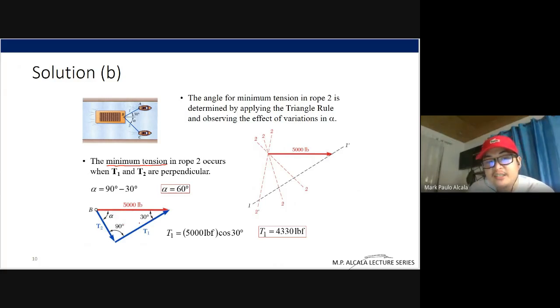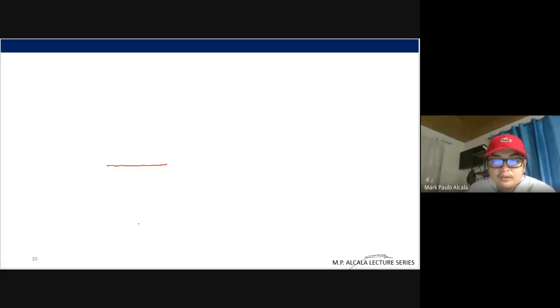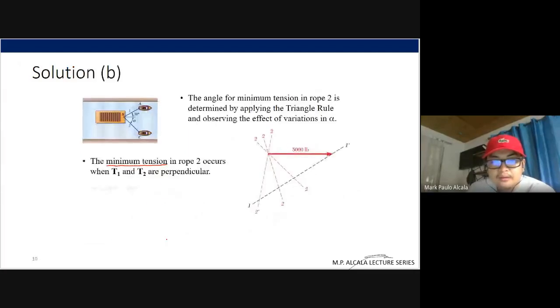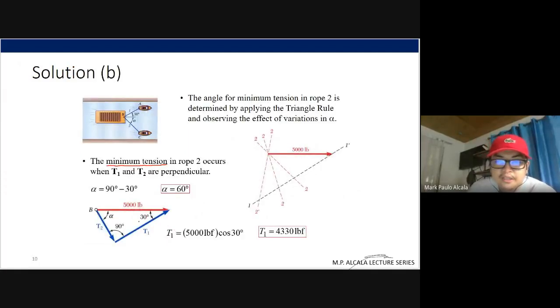Since 30 degrees is the minimum angle in your right triangle, let's take note that T2, the tension in rope 2, should be minimum. So opposite T2 is the 30 degrees, and then we will get T1 to be 5,000 pounds. This is just your sine law again.